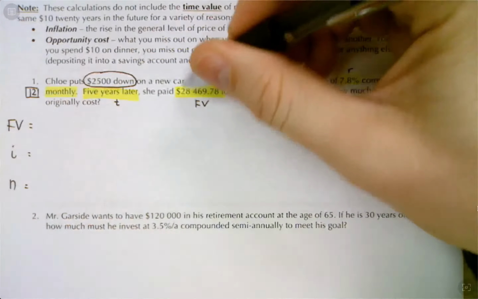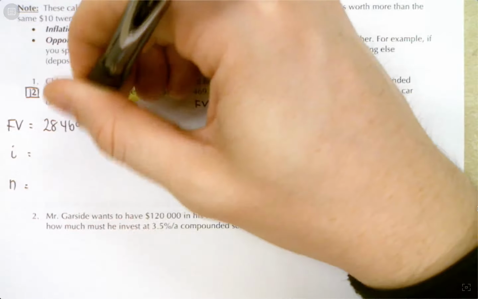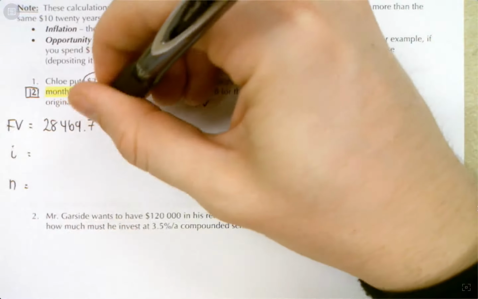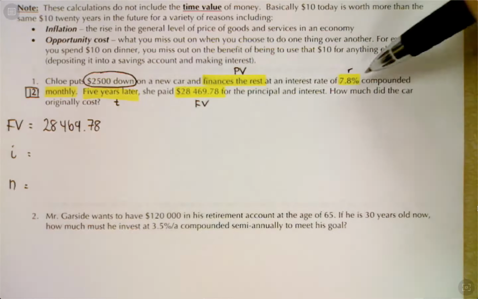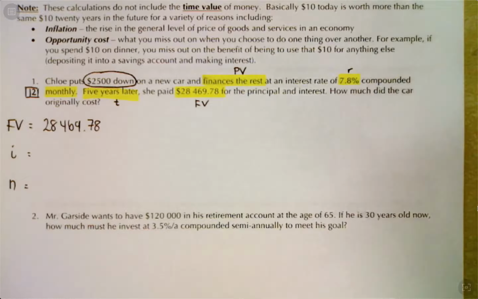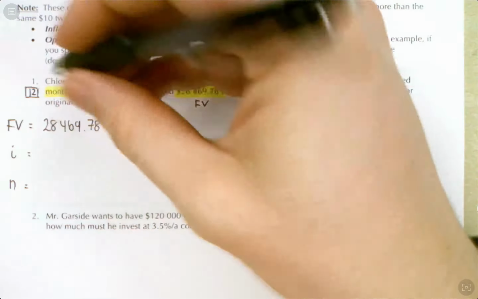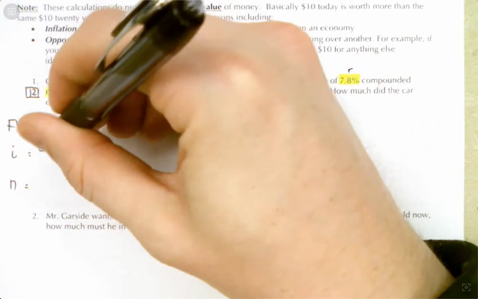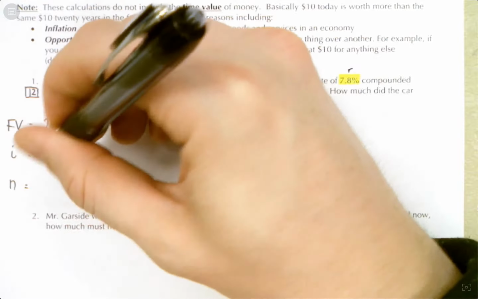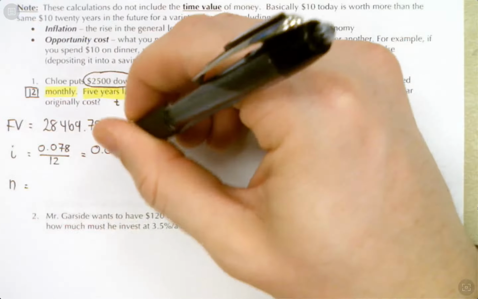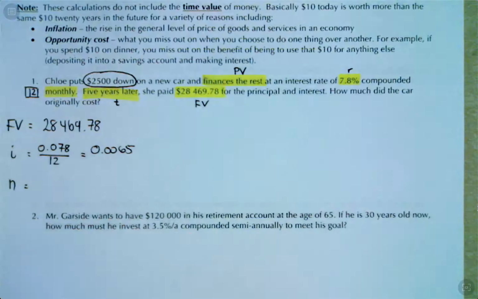The future value was $28,469.78. I is the interest rate as a decimal divided by the number of times we compound. So we've got 0.078 divided by 12. And if we do that math, we get 0.0065.